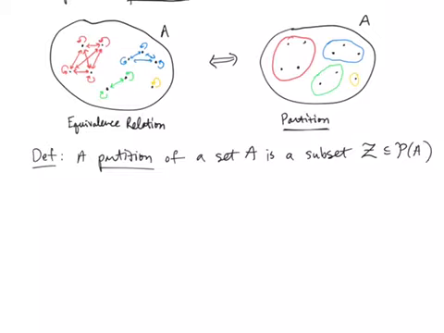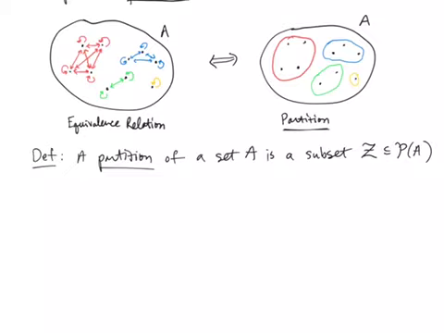And what property does this collection of subsets have? It has the property that they cover all of A and they don't overlap at all. So one way we can say that is that every element of A is in one of these subsets of A, and that every element is in exactly one.